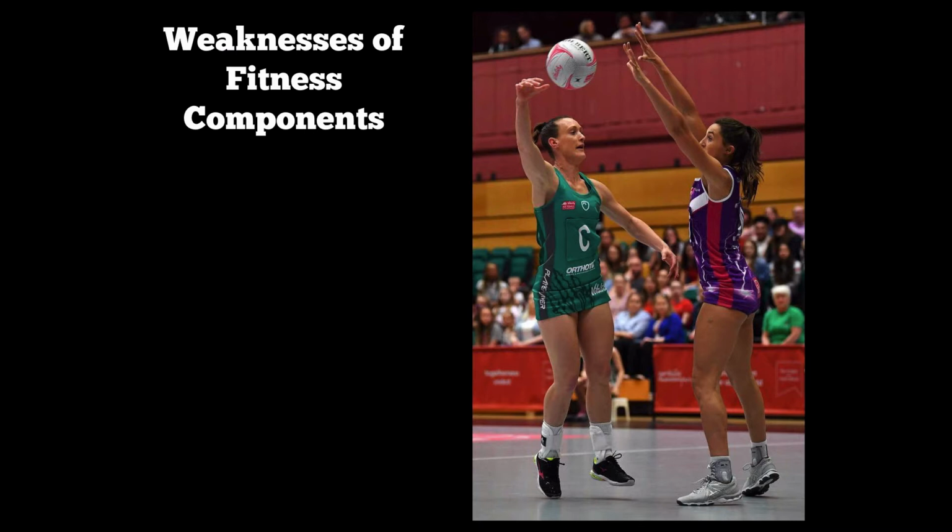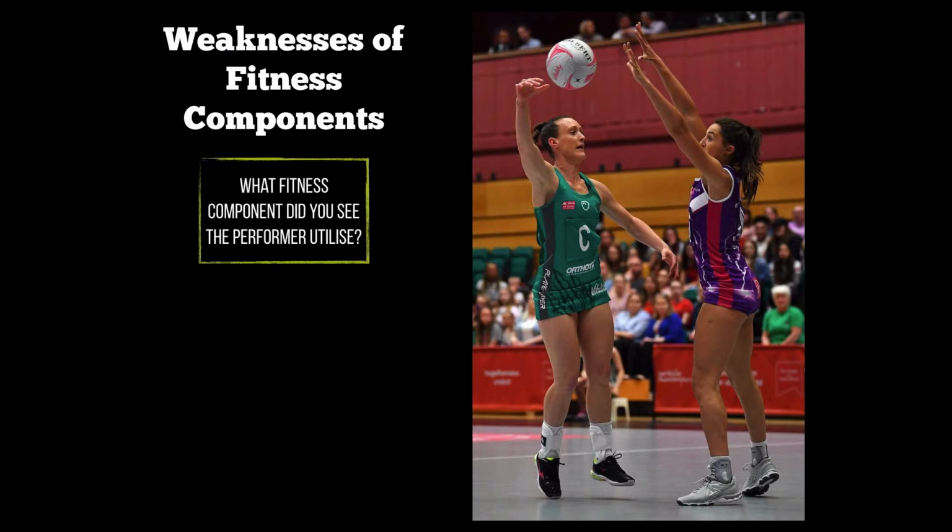A good example of a weakness of the fitness components would be something as follows. A weakness of the goalkeeper was her flexibility. She did not show an extended range of movement at her ankles, hips or shoulders to provide a good defending position against the goal shooter that she was playing against.